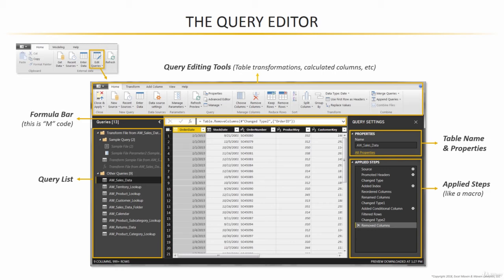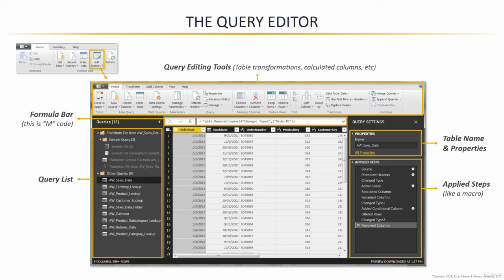And what that means is that every time this connection is refreshed, Power BI will run through that same set of applied steps to shape and transform your data. And that's a great way to automate things like data cleansing or ETL processes. You don't want to end up running the same processes manually over and over and over every time you connect to the data. This automates that process for you. You record it once, and then you're good to go moving forward.